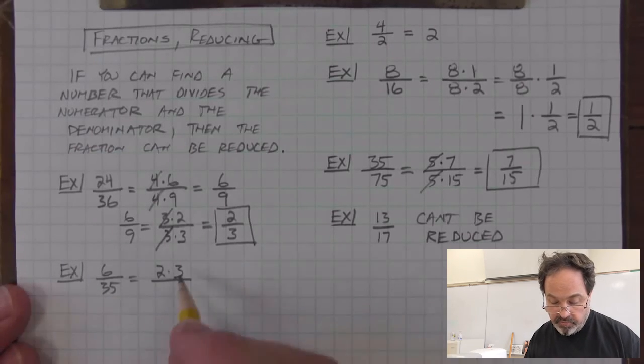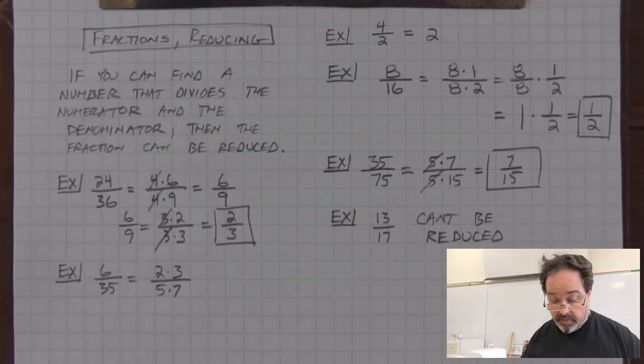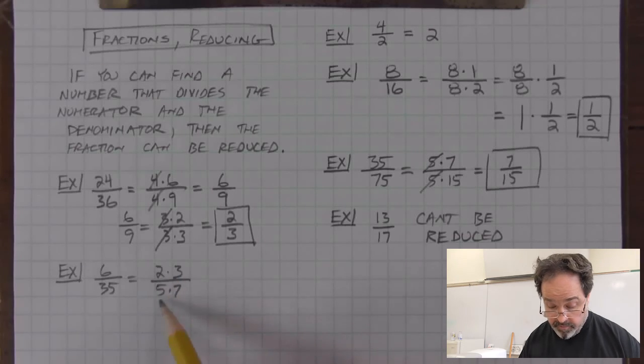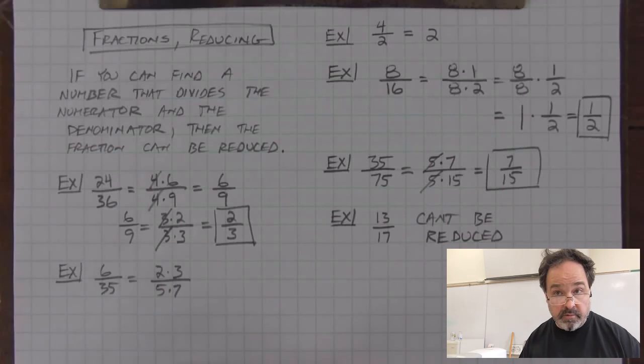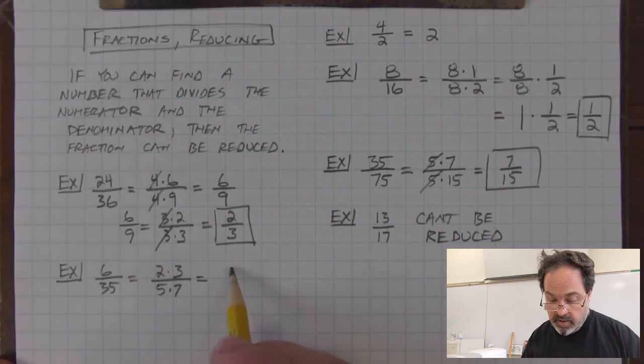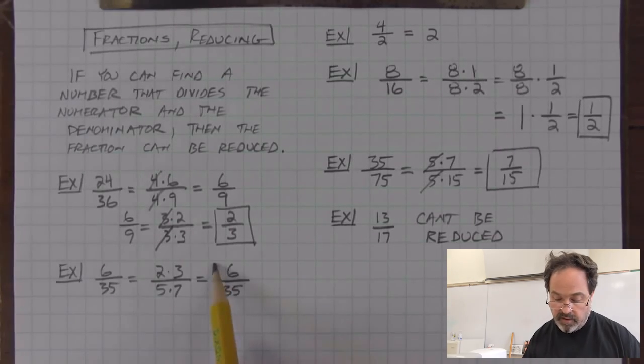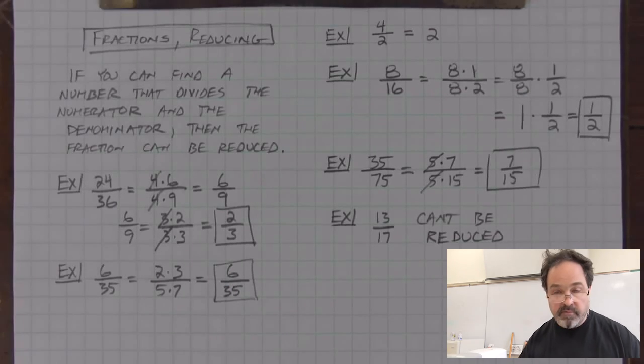I can show 35 as 5 times 7. But in finding numbers that divide the numerator and denominator, I found some, but they are not the same. There is no common factor to cancel out. So I did not find a number that divides both the numerator and denominator. It can't be reduced, so I'm going to show it as 6 over 35 as the final answer.